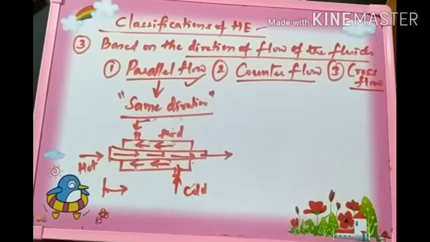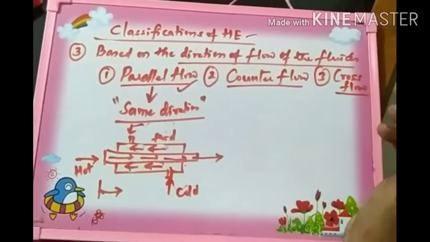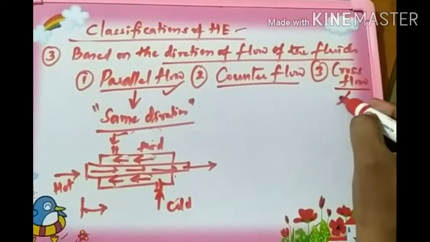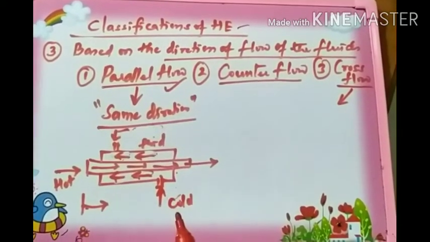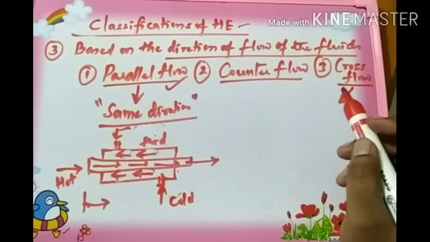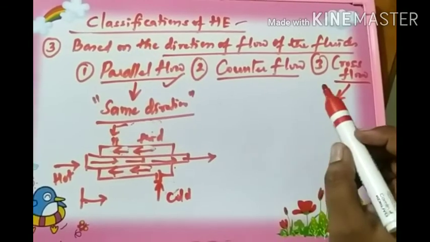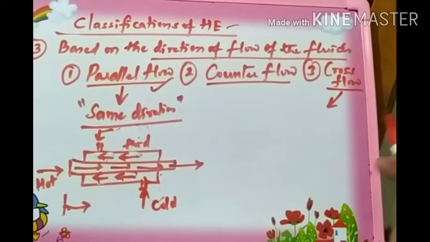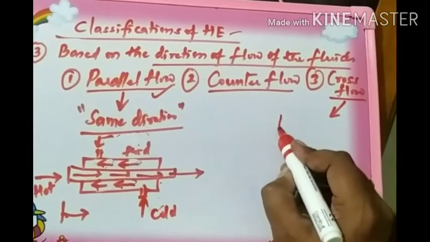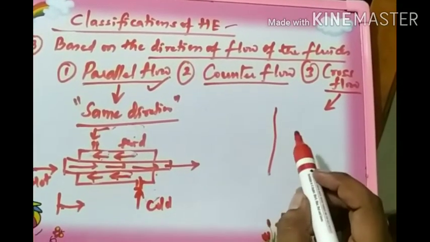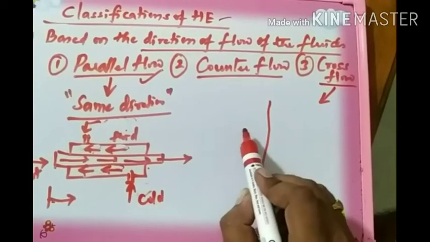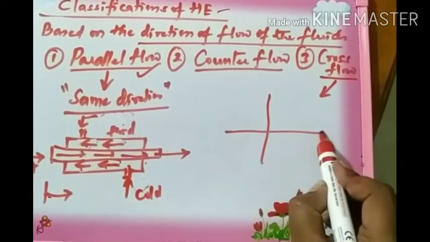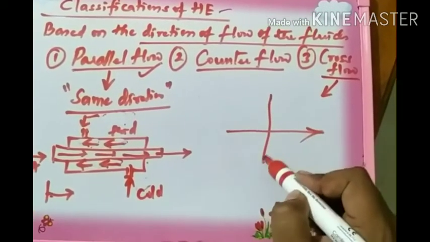Then the third type of heat exchanger is called the cross flow heat exchanger. This is one more typical heat exchanger where the two fluids which flow in the heat exchanger flow perpendicular to each other. Take for example in this direction.